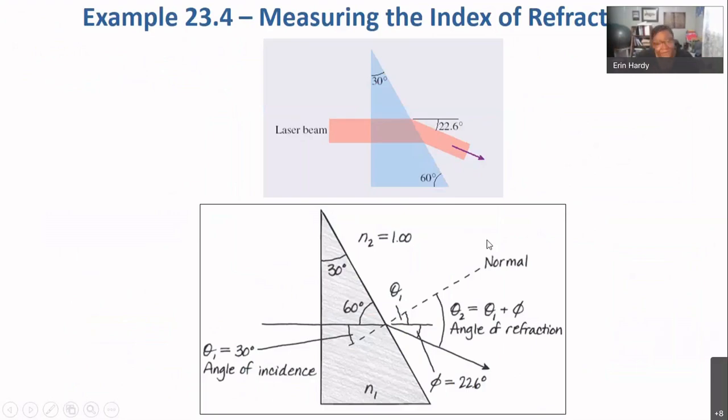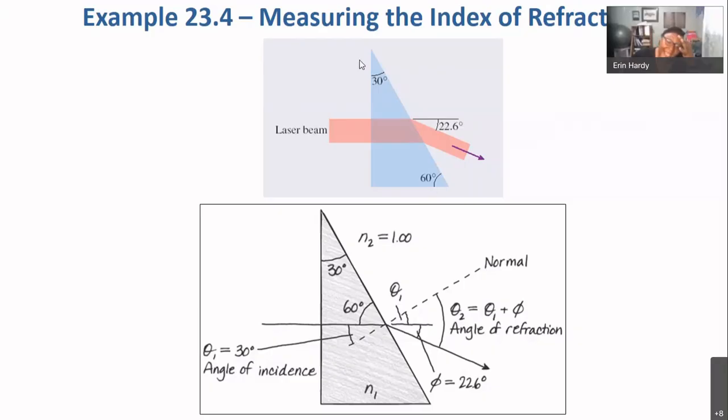This example comes right out of the book, and it walks us through determining the index of refraction for a material, and then using that to predict the critical angle: the angle beyond which all of the light you send into the prism will reflect back into it, and none of it will refract out.